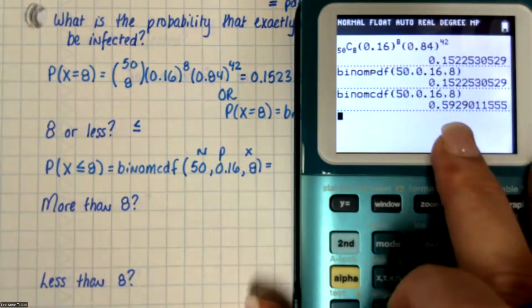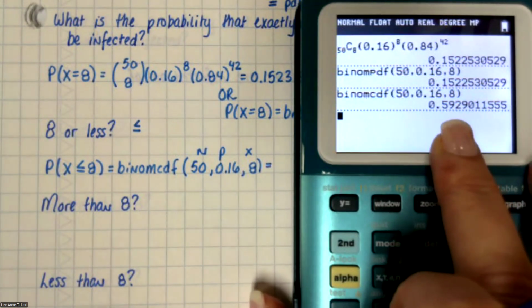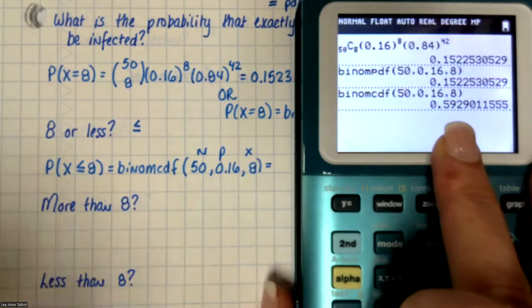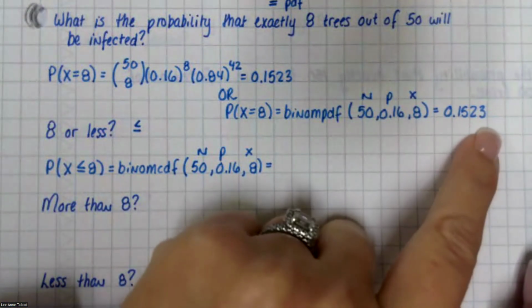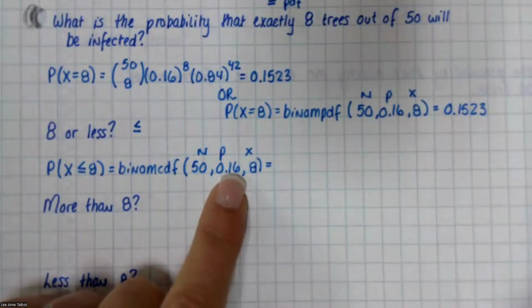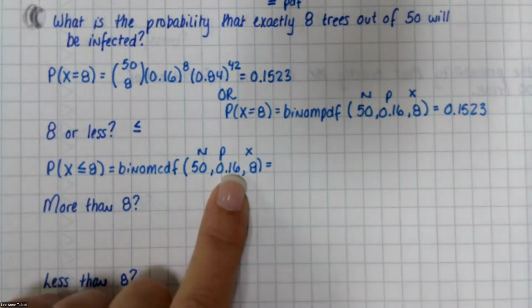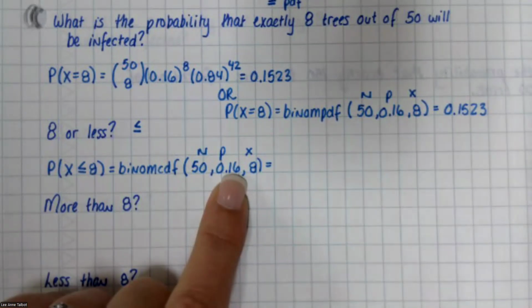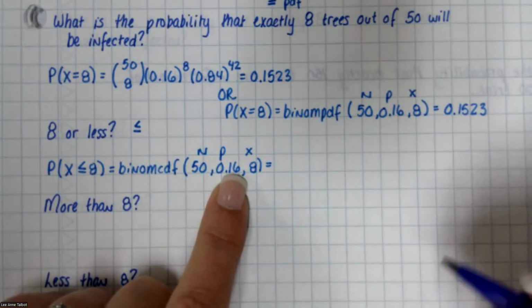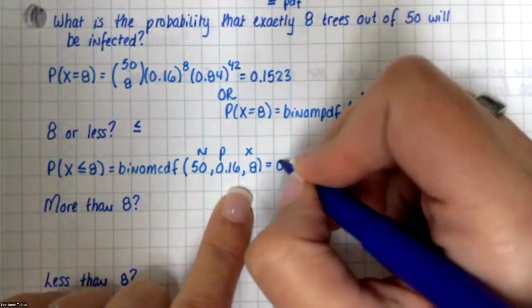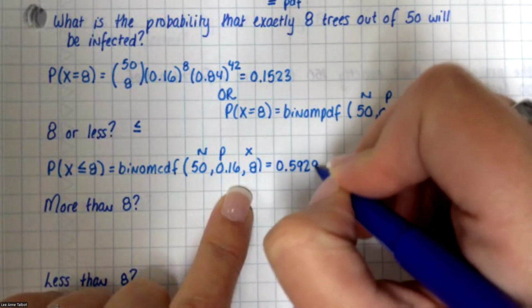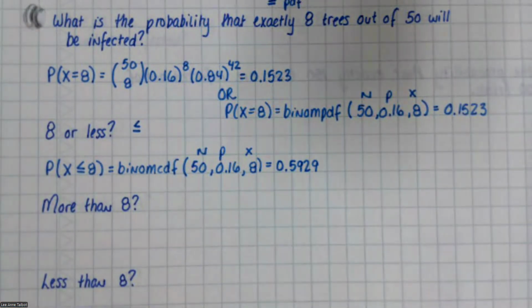And does it make sense to you that this number would be a lot bigger than your other number? So this one is just 8. And this one is 0 plus 1 plus 2 plus 3 plus 4 plus 5 plus 6 plus 7 plus 8. You got it? You with me? No? Okay.